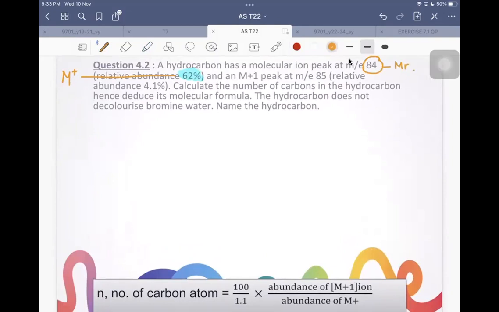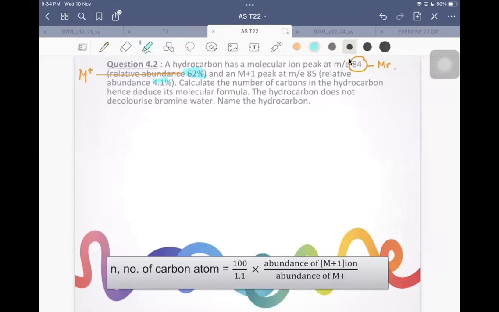Okay, M+1 peak at mass of 85. So you can see the difference between 85 and 84 is just 1 unit, right? So that means there is a presence of the carbon isotope, carbon-13. I'll show you in the diagram later on. Okay, the relative abundance for the M+1 peak is 4.1%, and I am interested in that. That corresponds to M+1, right?